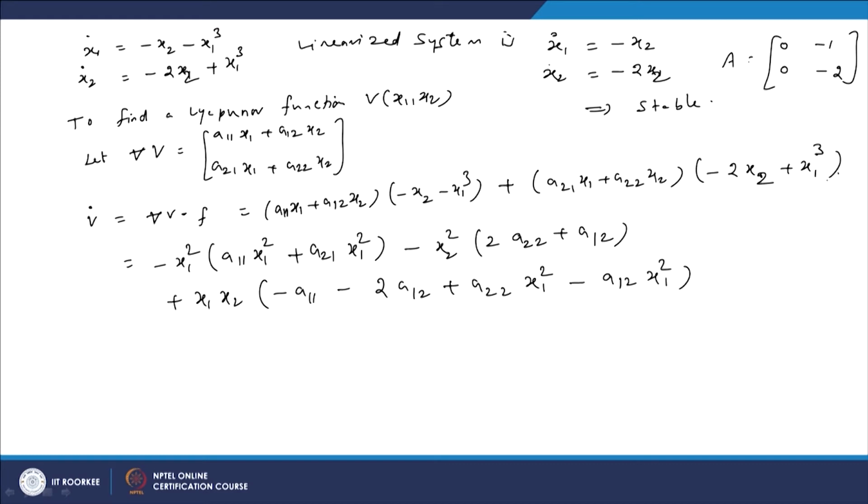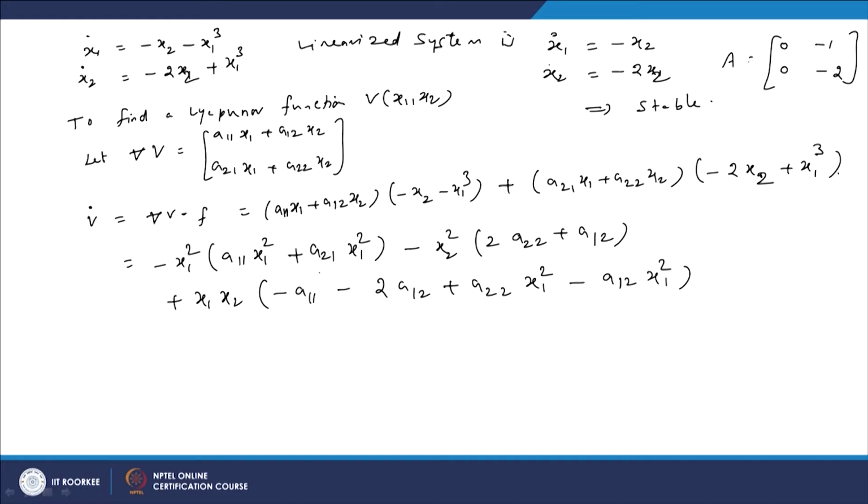After expanding all this, we collect the coefficients in this way, because we want V dot to be negative definite. The first bracket should be positive, the second bracket should be positive, and if we make the third bracket 0, then it will become a negative definite function.